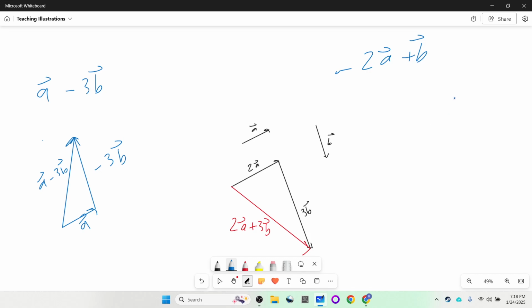Well, we would get negative 2a would be a twice as long and in the opposite direction. And then b. So this, if I drew it as a straight line, this would be negative 2a plus b.